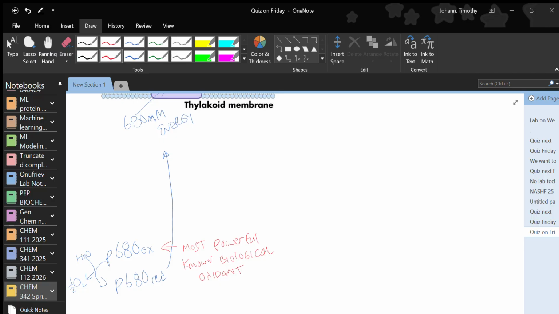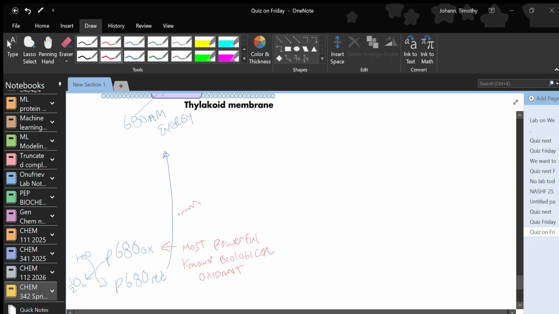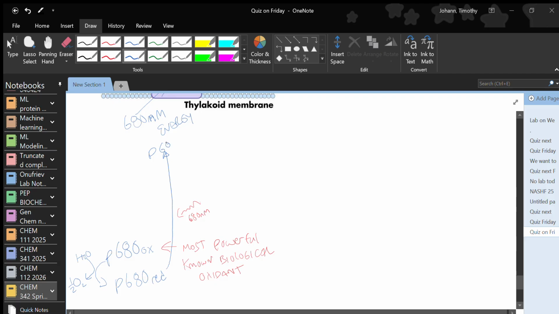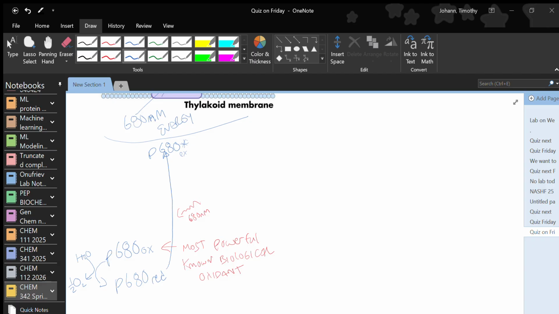And so what we then need is it absorbs 680 nanometer light, and that causes us to get P680 excited. So now we have that molecule with the electron excited. It pops up there.